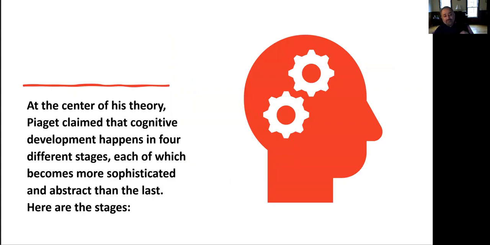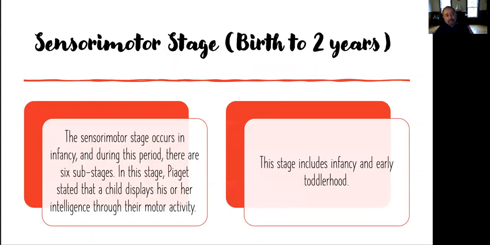At the center of his theory, Piaget claimed that cognitive development happens in four different stages, each of which becomes more sophisticated and abstract than the last. Following is what we're going to talk about in those stages. He says there is a sensorimotor stage, from birth to 2 years. The sensorimotor stage occurs in infancy, and during this period there are 6 substages.